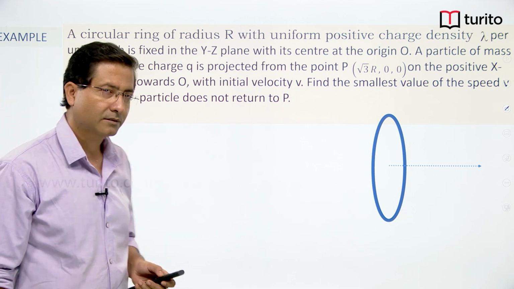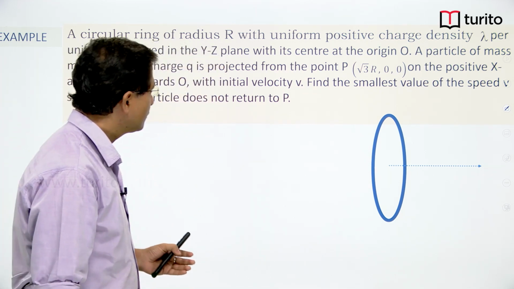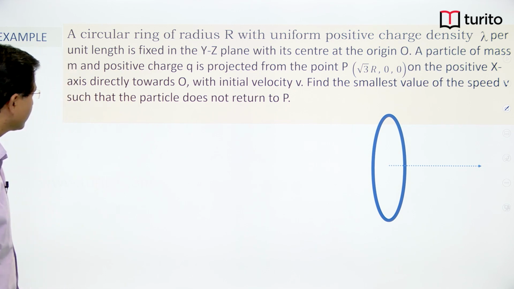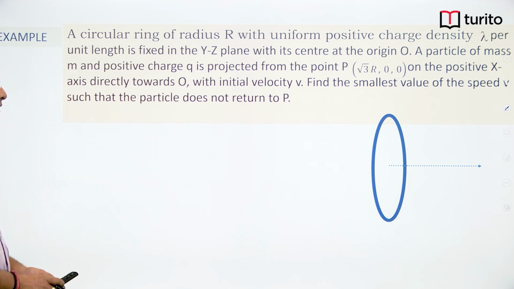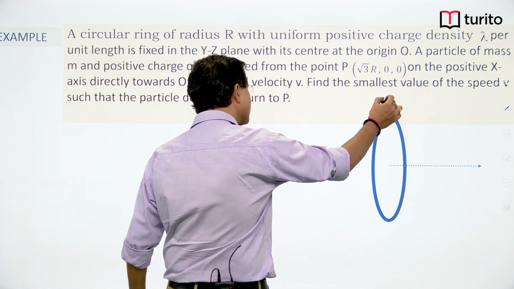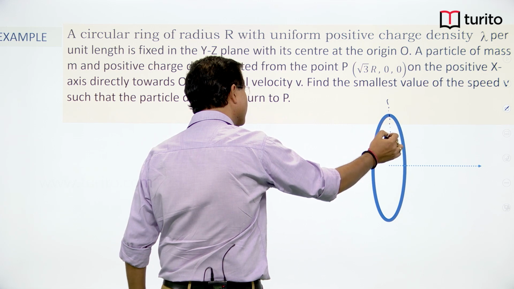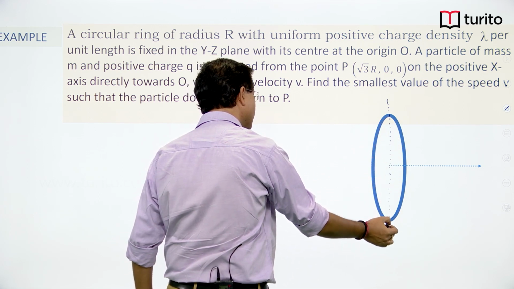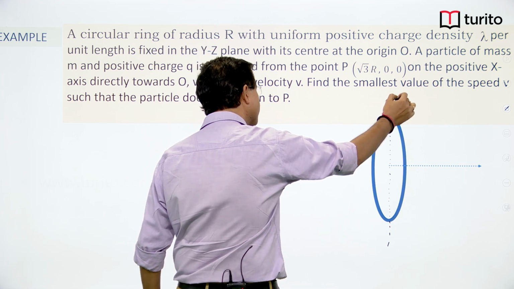or next example, right. So here the question says that we have got one ring, right. You can read the question. A circular ring of radius r with uniform positive charge density lambda per unit length is fixed in the yz plane. Let this be the y axis.